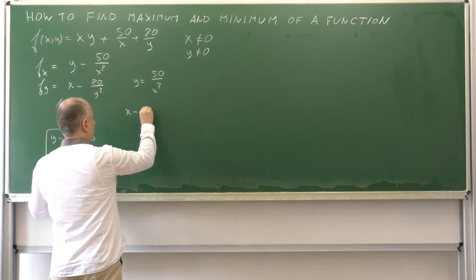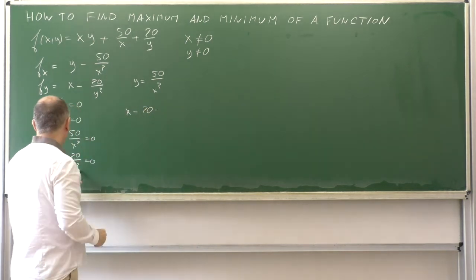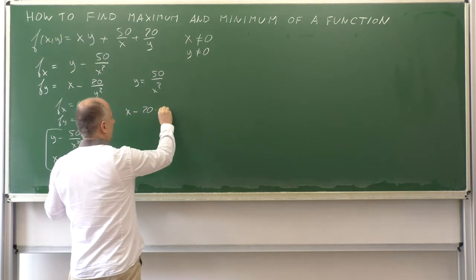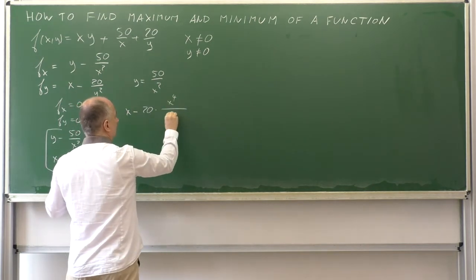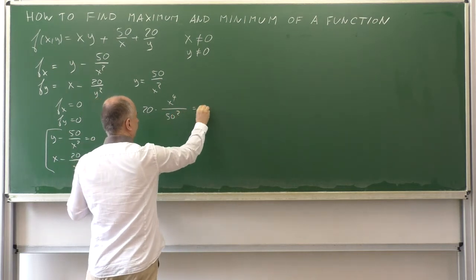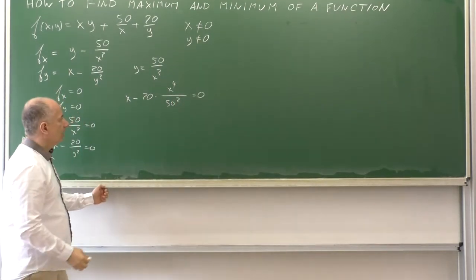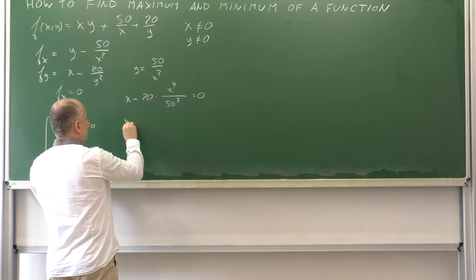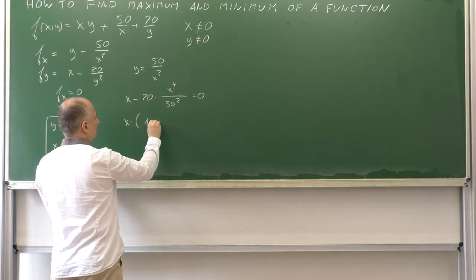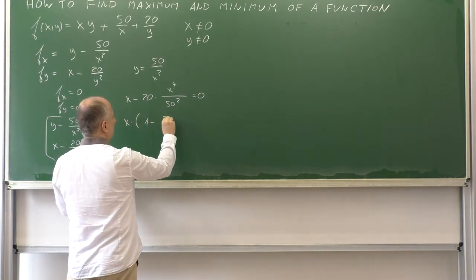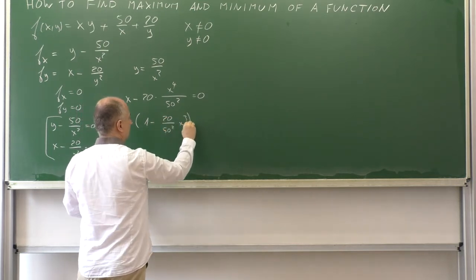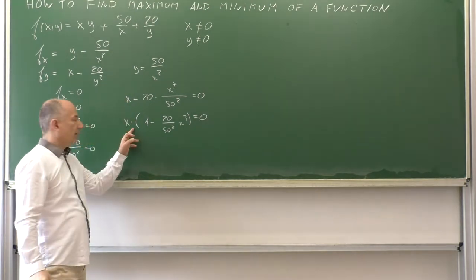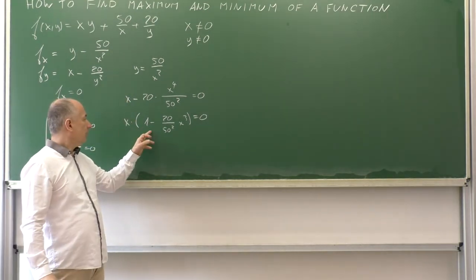We can factor out x, and we have x times 1 minus 20 over 50 squared x cubed, and the product is 0 if this is 0 or this is 0.